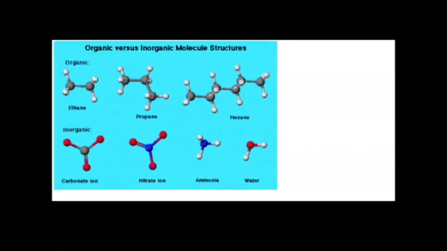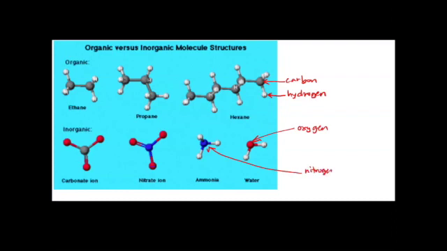Carbon atoms are the black atoms, and hydrogens are the white. So the majority of an organic molecule will be black and white, but then a small portion will have oxygen, shown as red, or nitrogen, shown as blue.